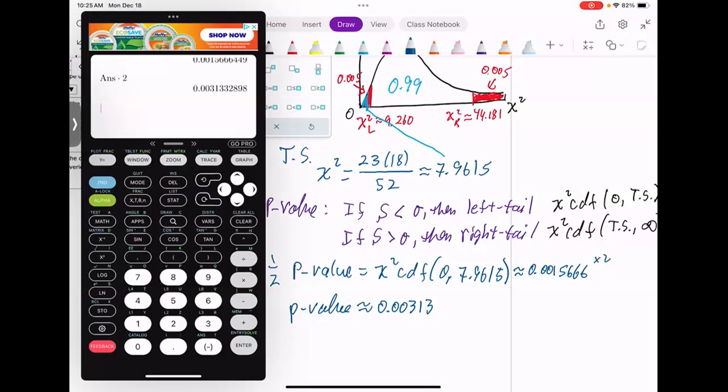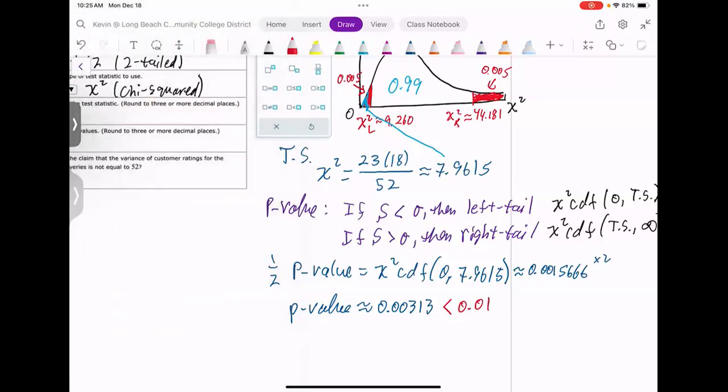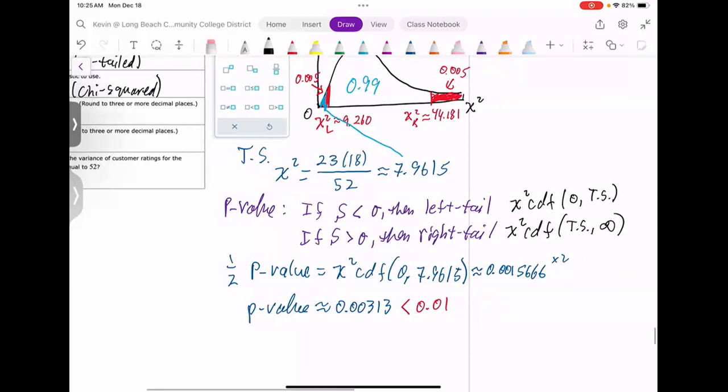And I'm going to notice that that is definitely less than my alpha. Now, this particular problem doesn't ask for the p-value, but you will have homework questions that do. And if it's two-tail, you'll have to remember to double that. And you'll need to know, is it left tail or right tail? As you're looking at this, the chi-squared CDF will change because of that.